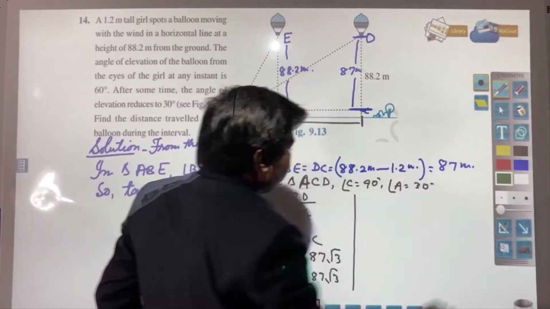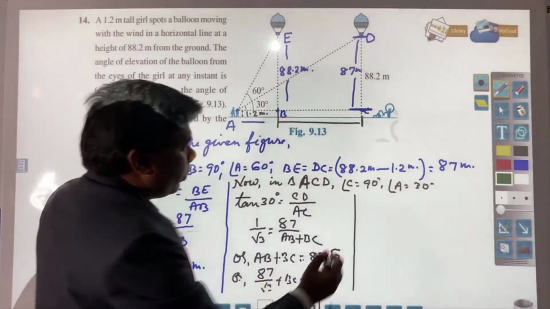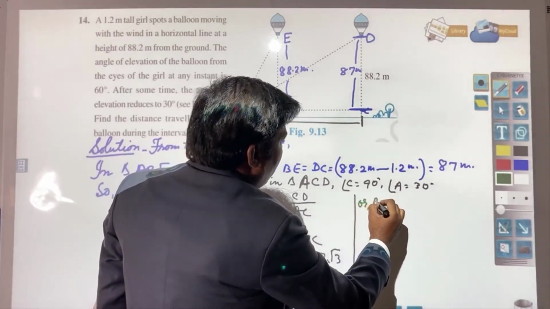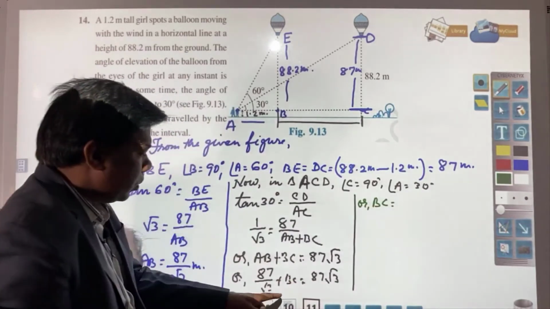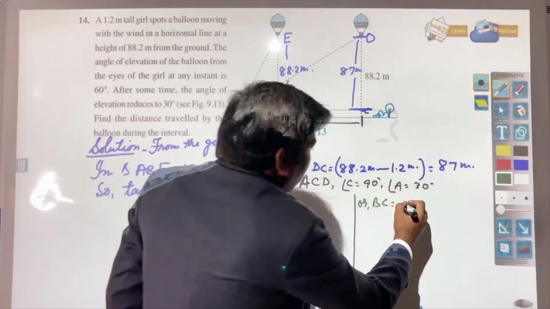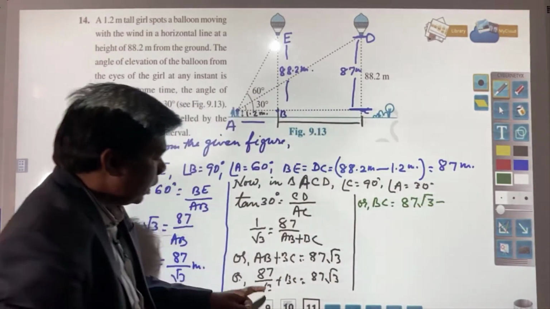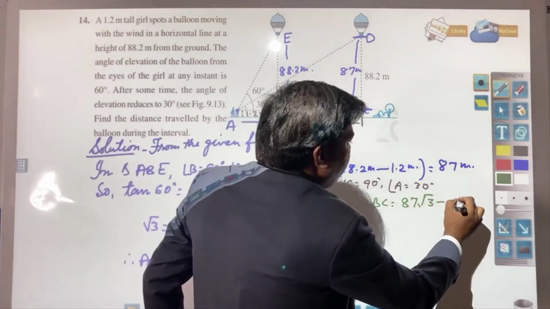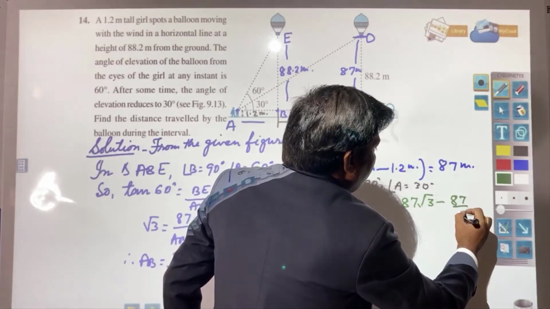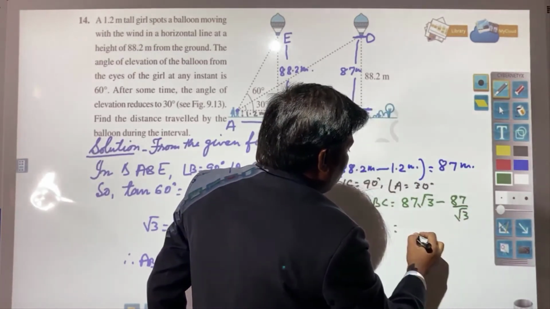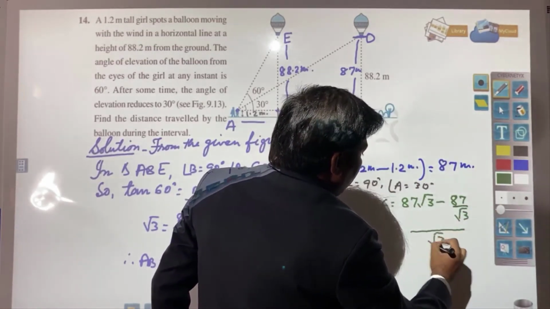Then BC will be equal to 87 root 3 minus 87 by root 3. Here the LCM will be root 3.